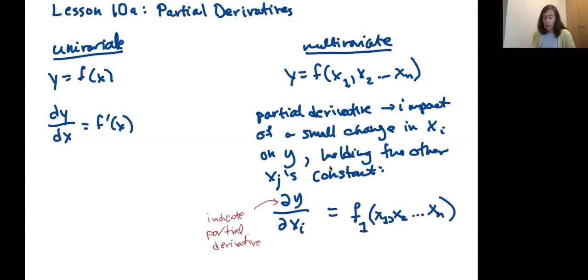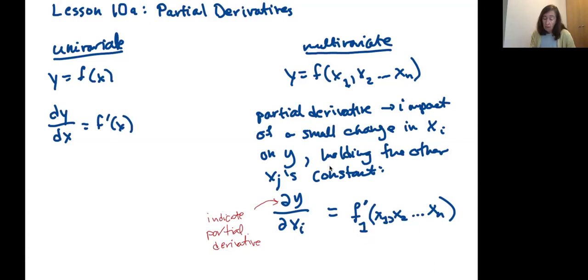So this would be the partial derivative with respect to the first domain variable. Sydsaeter and Hammond like to put a prime in there as well to really hammer home the point that yes, we're taking a derivative here. A lot of books don't do that. They just rely on you seeing the subscript and knowing that we're in the type of problem where we're taking partial derivatives. But you can use that notation when it's helpful for you.